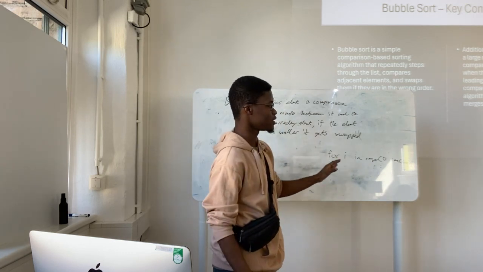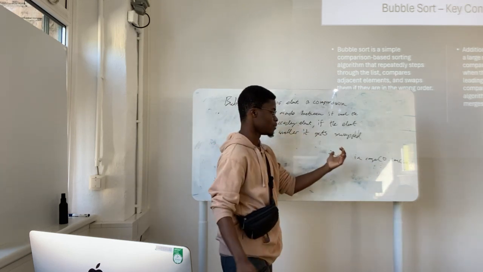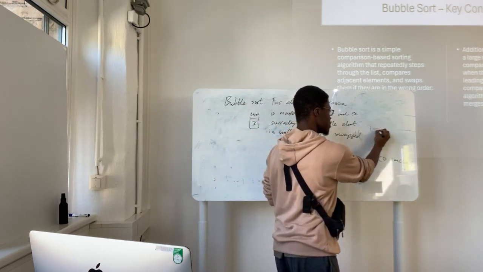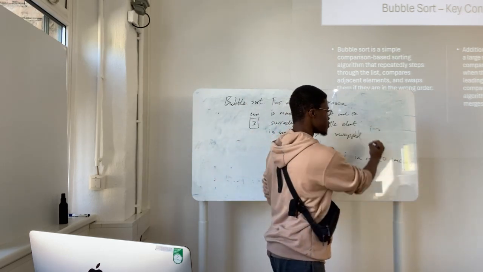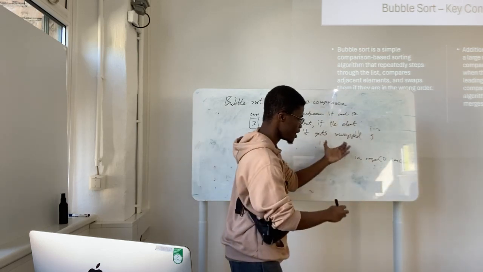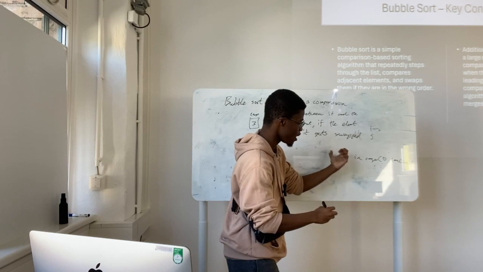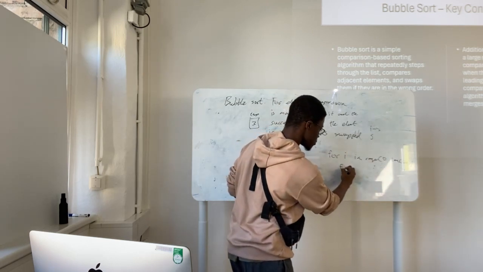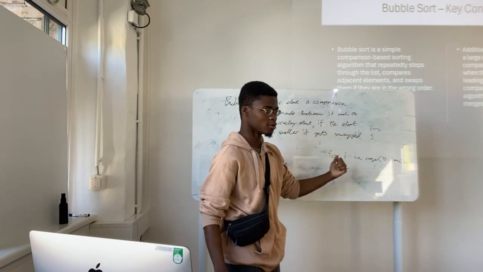And just to give you a sneak peek on the code implementation, remember our i is the iterator that only starts iterating after j has iterated for the length of the array. And the way we accomplish this is we have a for loop, for i in range 0 to length of the list, and we have another for loop inside that for loop.